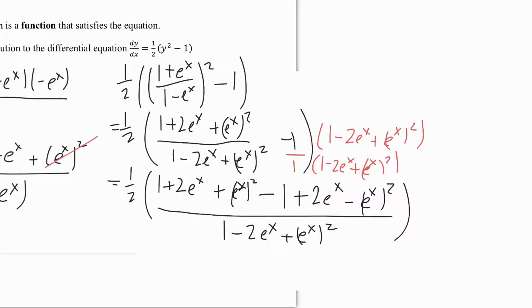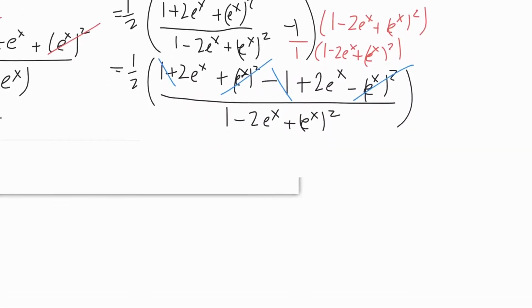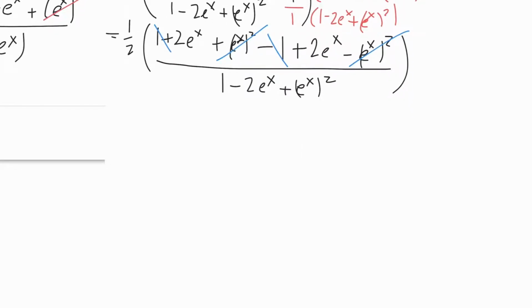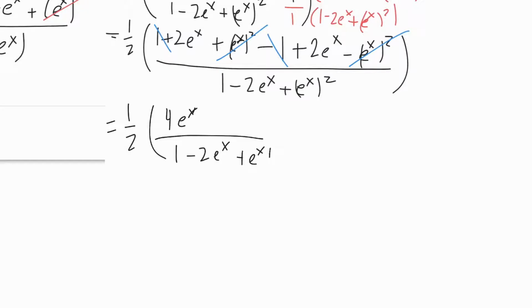Well, we're getting close. Notice we have some cancellation here. E to the x squared is going to cancel, and those 1's are going to cancel. So we're going to get something pretty nice here. 1/2 times 4e to the x over 1 minus 2e to the x plus e to the x squared.